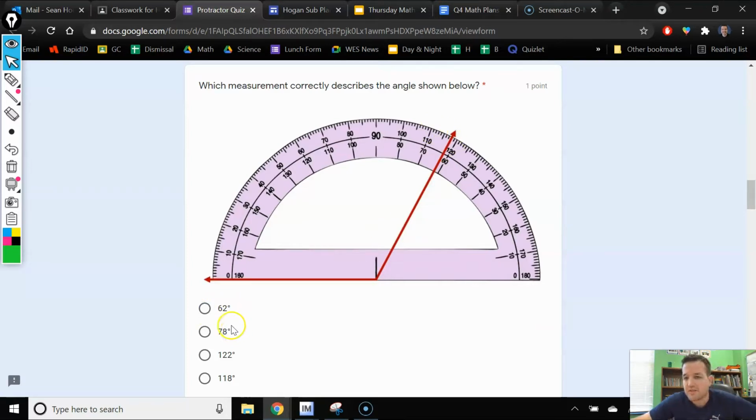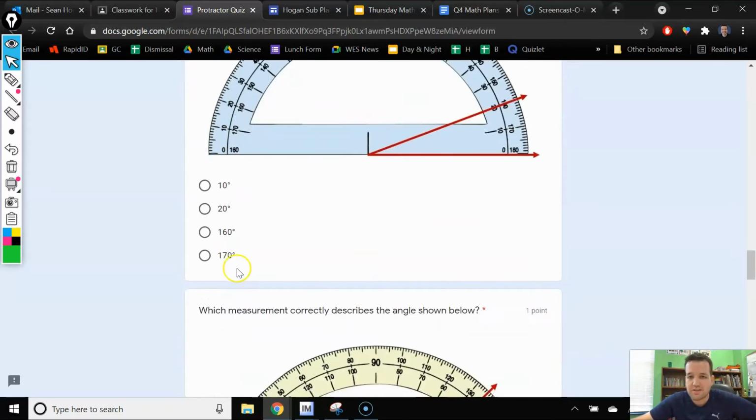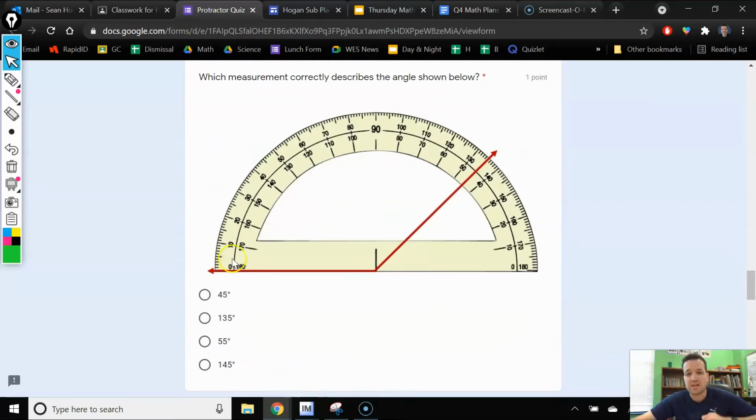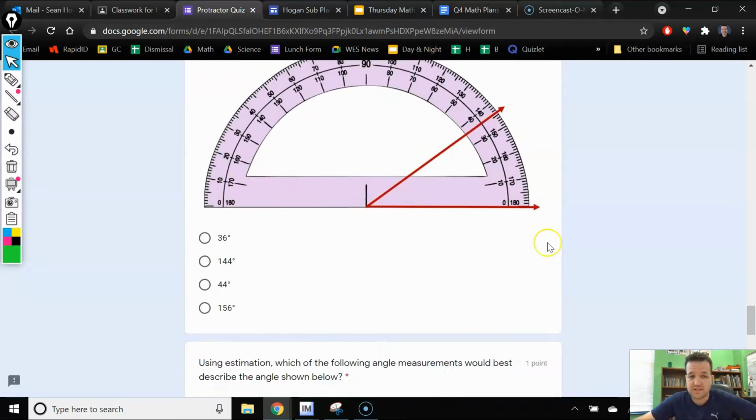You can always eliminate some choices based on whether it's acute, right, obtuse, or straight. That's pretty much the rest of this quiz, just identifying. Some of them are really easy because the ray goes right on the line. Some are on the smaller tick marks, so be very careful. I've had so many students ace this, but I've also had students make some very silly mistakes in the past.